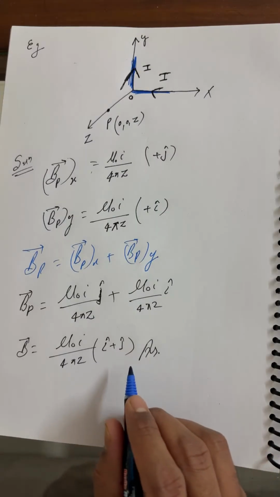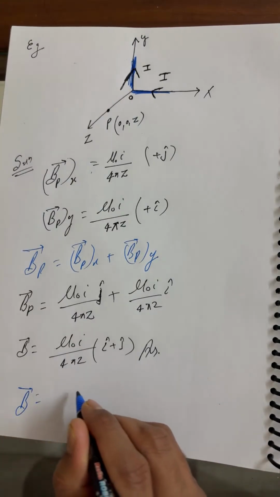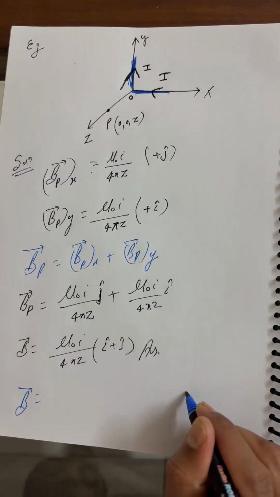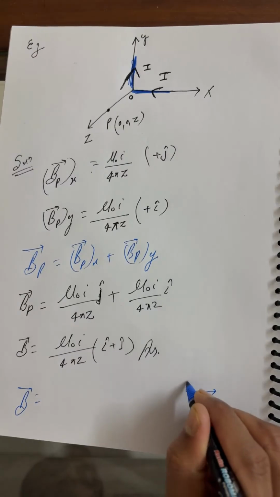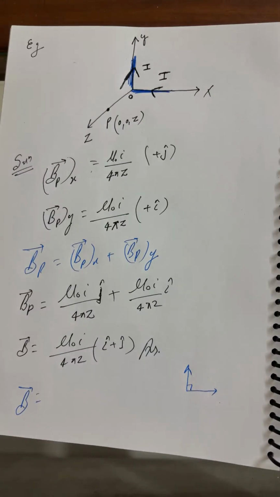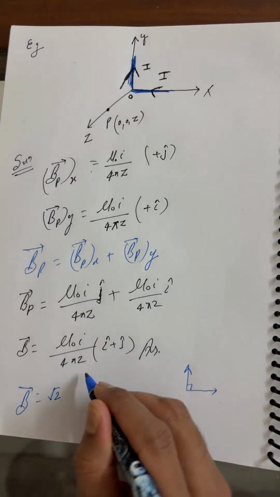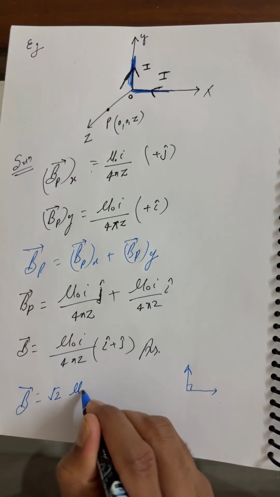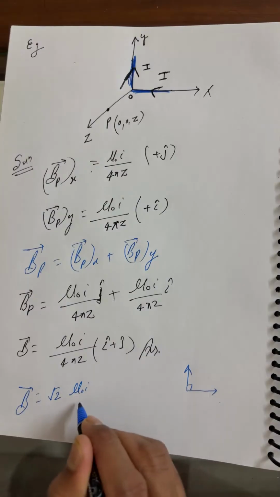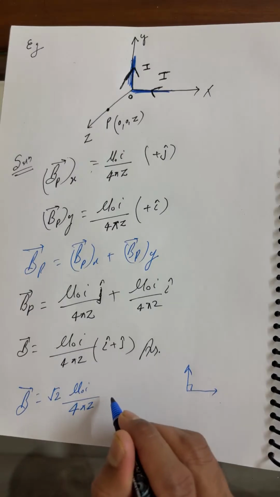Since both are perpendicular, the magnitude of the magnetic field is the square root of A squared plus B squared plus 2AB cos theta, with theta equal to 90 degrees. So simply in terms of magnitude, it is root 2 times mu naught I by 4 pi z.